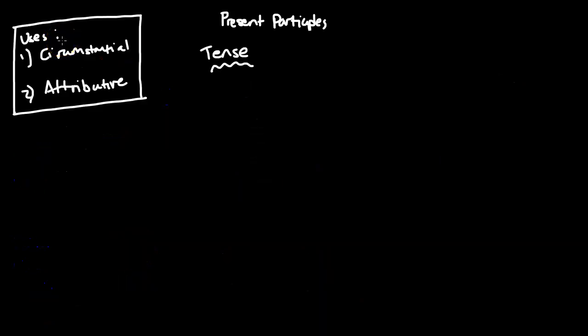Okay, so now we're going to talk about the tense of the present participle. The clue is in the name. The present participle is a present tense, and that basically means that the action of the present participle happens at the same time as the action of the main verb, okay?